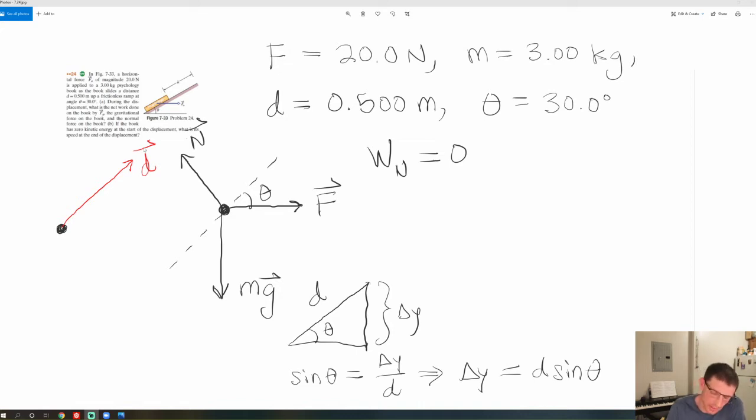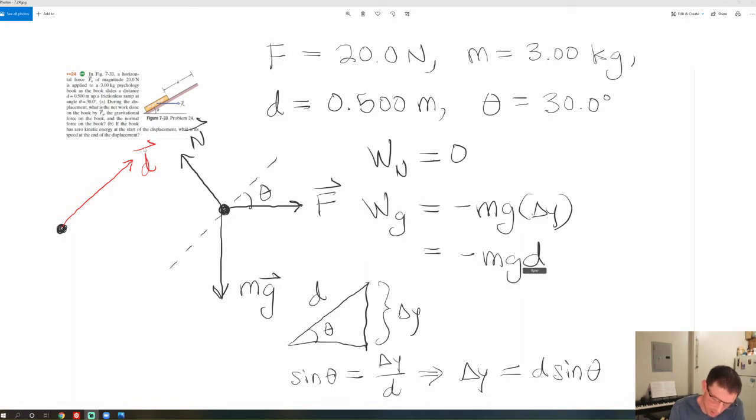Let's write that out and see what we get. The work done by the gravitational force is going to be negative mg delta y, and this is simply negative mg d sine theta, okay?